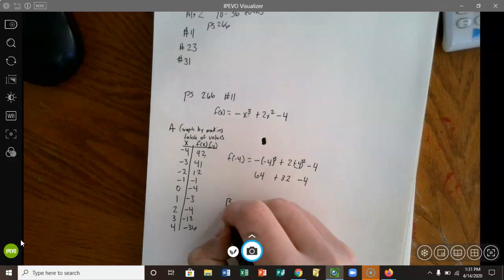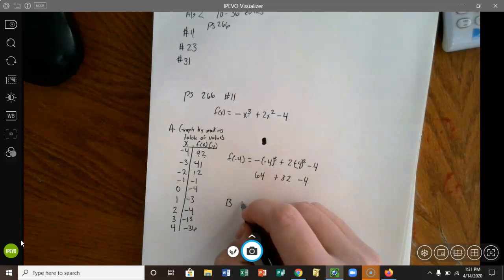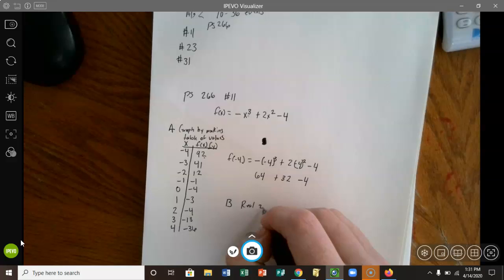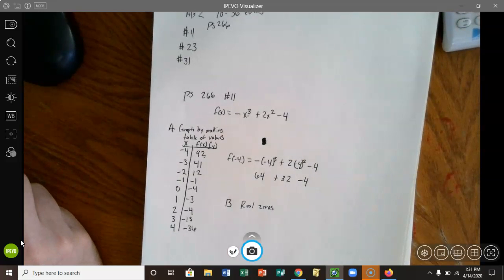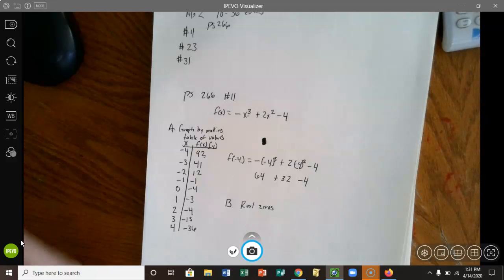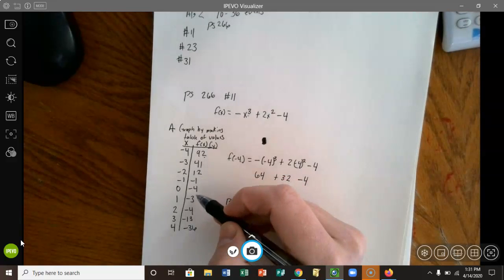Okay, so now we're going to move on to B. B says determine the consecutive integer values of x between which each real zero is located. So I'm looking for real zeros. The good thing is a polynomial function is continuous, and based upon the location principle, I'm going to be looking for sign changes of my y values.